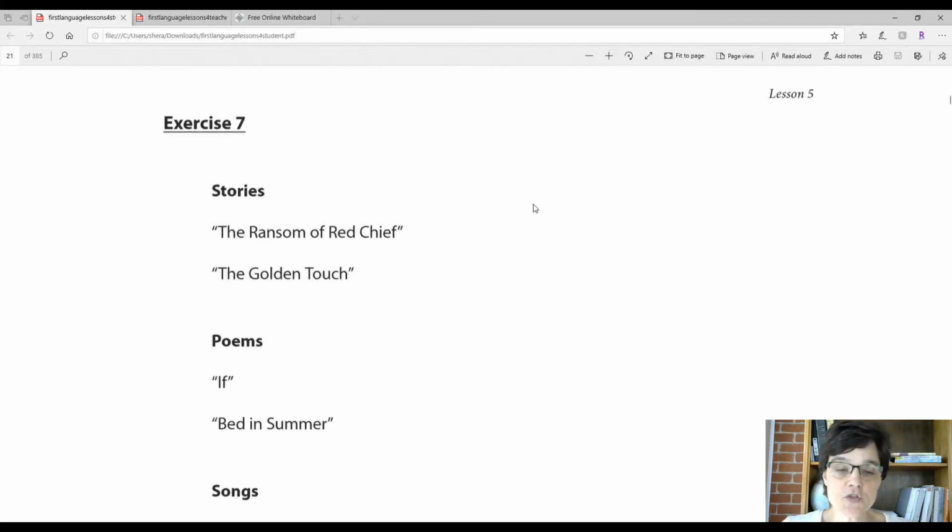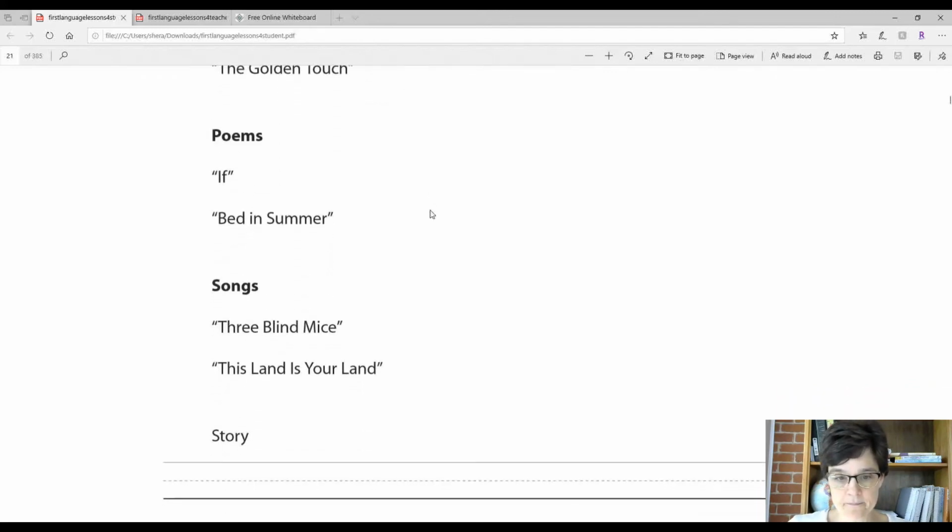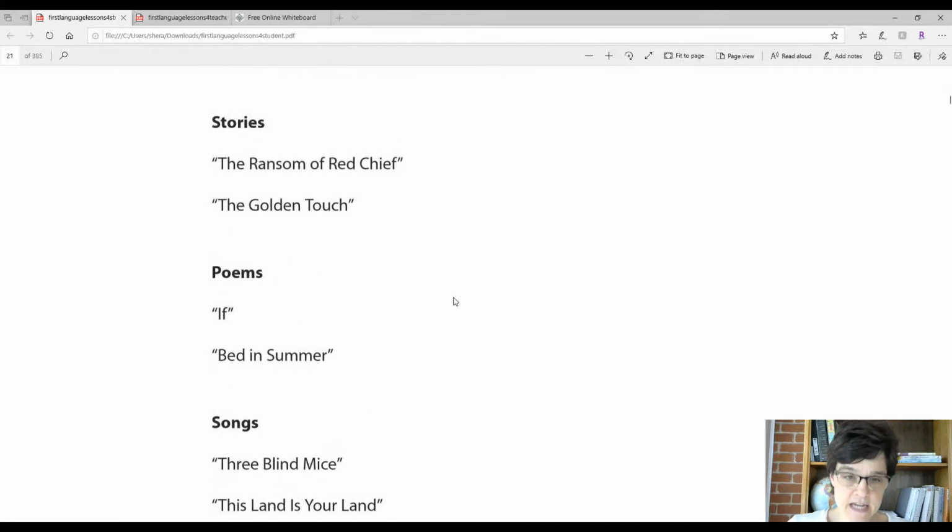Titles of stories, poems, and songs are also capitalized the same way, only the first and the last, and then any of the important ones in between. Now, these titles are put in quotation marks rather than being italicized or underlined.